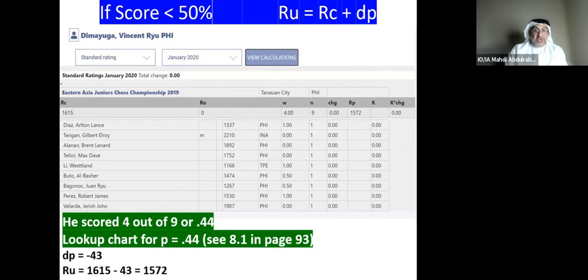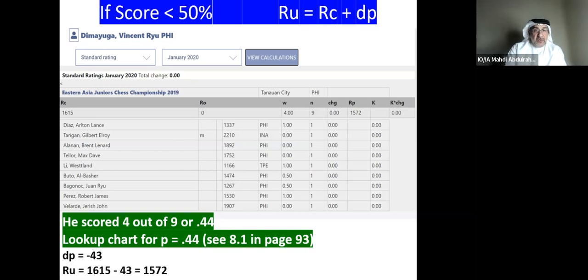So look at the chart for percentage. We're going to divide 4 points, 4 divided by 9 will be the percentage. What will the percentage be? 0.44. Please try on your mobile phone, on your calculator, 4 out of 9. You will find 0.44. Okay, this is the percentage of the player.